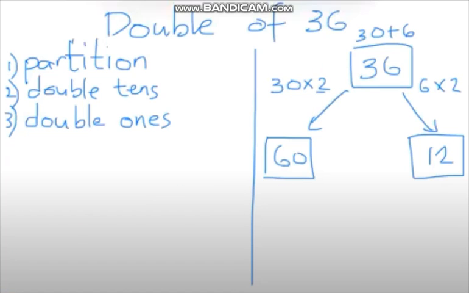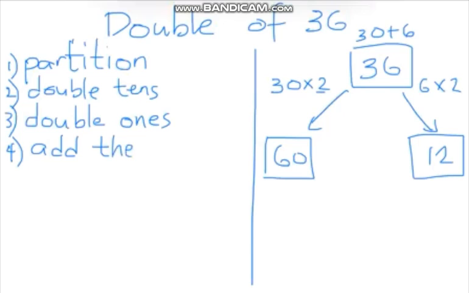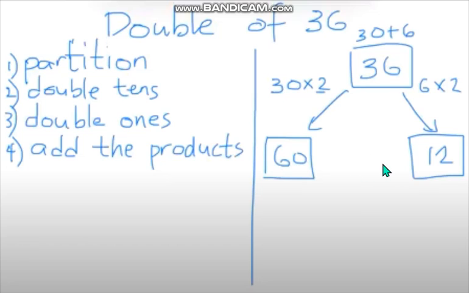So our step 4, what we need to do is to add. We are only going to add the product of step 2 and step 3, which would be 60 plus 12.